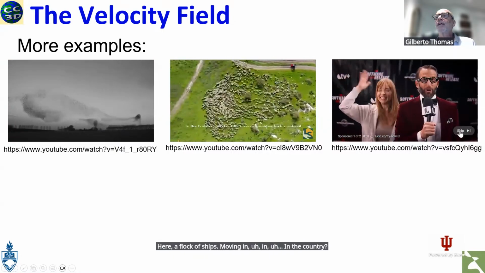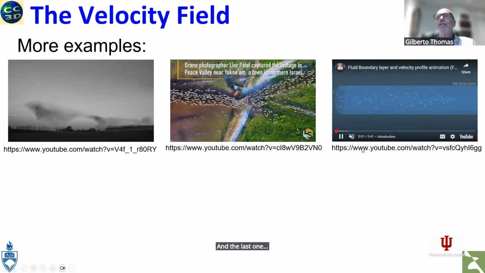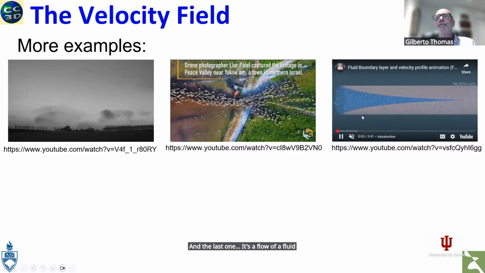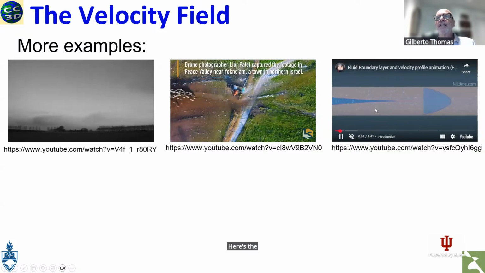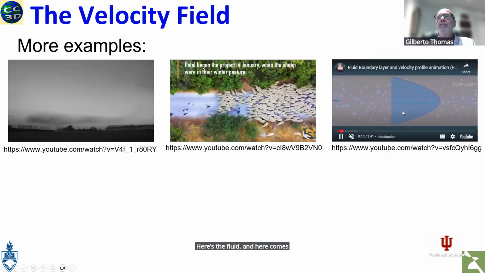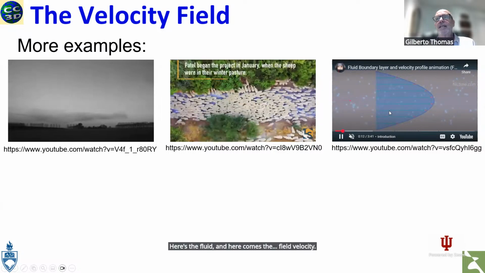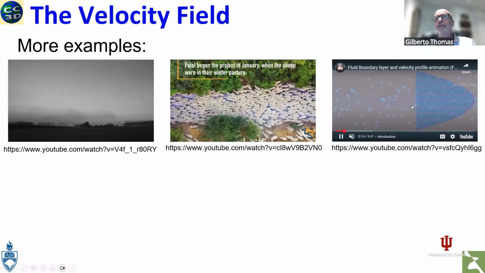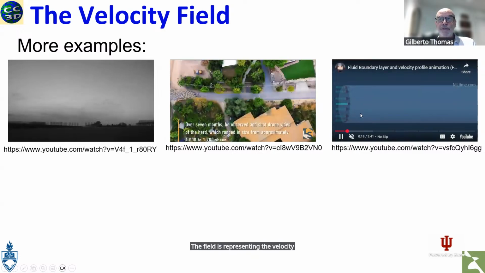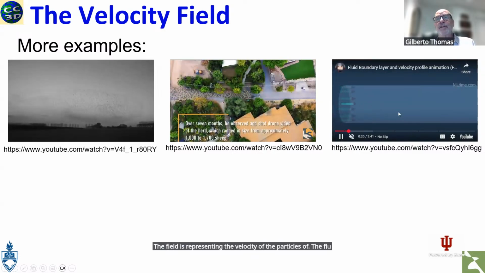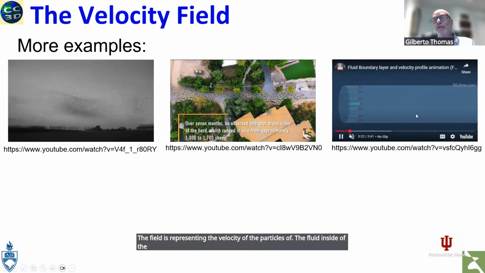And the last one is a flow of a fluid inside a tube. Here's the fluid, and here comes the velocity field. The field is representing the velocity of the particles of the fluid inside the tube.